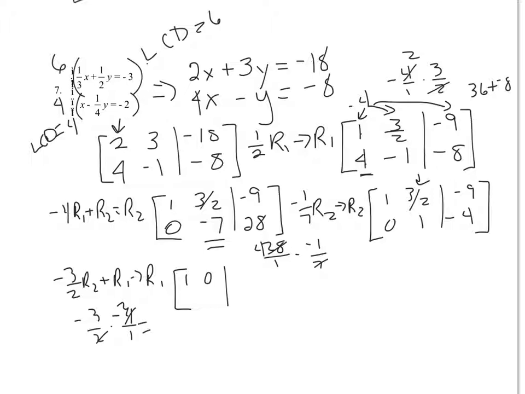That's going to give me a positive 6. Negative 3 times negative 2 is a positive 6. But don't forget, I have to add negative 9 to that, and 6 plus negative 9 is a negative 3. Bottom row was 0, 1, negative 4. That means my solution is the ordered pair, negative 3, comma, negative 4.